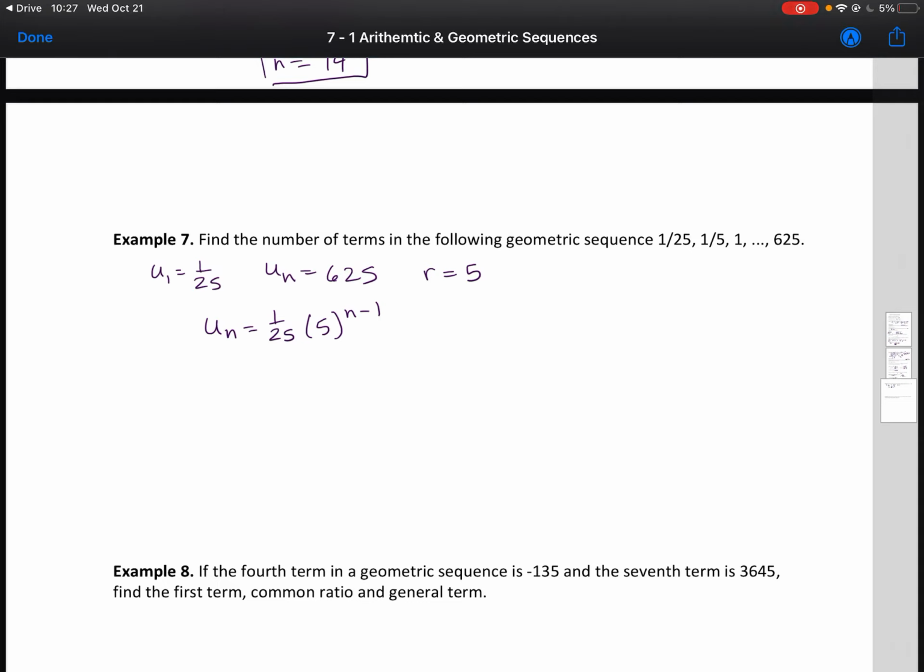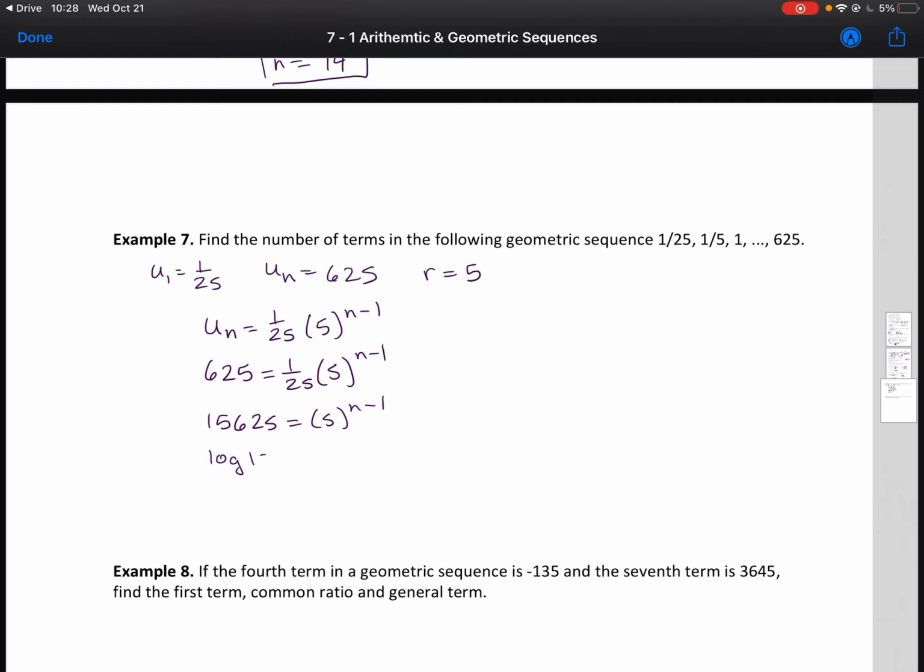Okay. And then I've got here, I know what my un term is, and I'm just looking for my n value. So another example of where you're going to have to take the log of both sides. So I would have 15,625 is going to be 5 to the n minus 1.